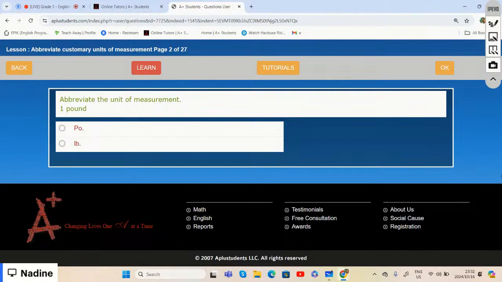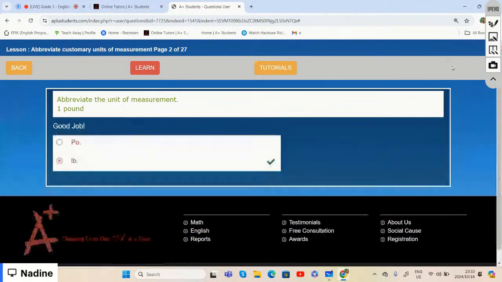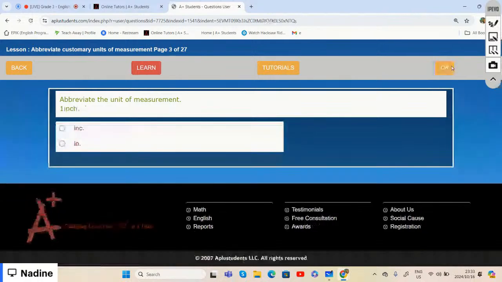All right. And 1 pound, we can say it is LB, option two. Well done. Yes, LB. Inch, 1 inch. Is it option one or option two?